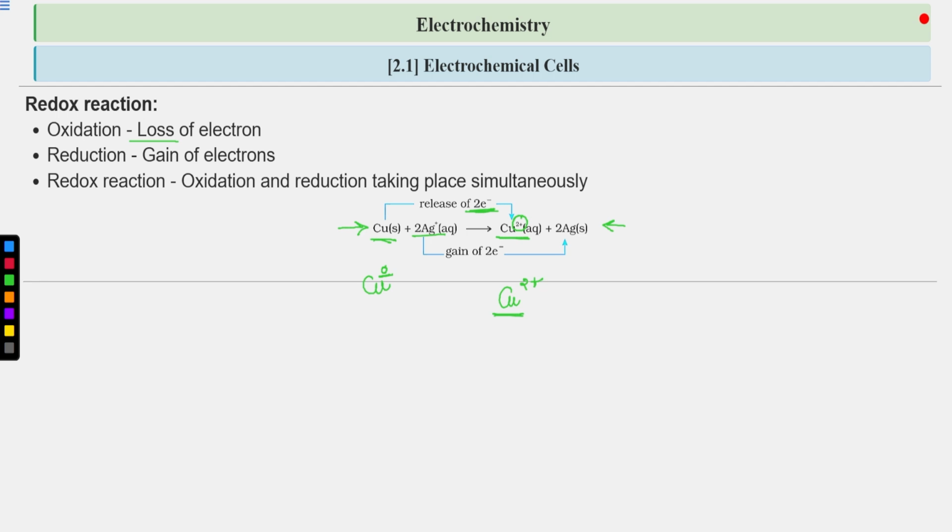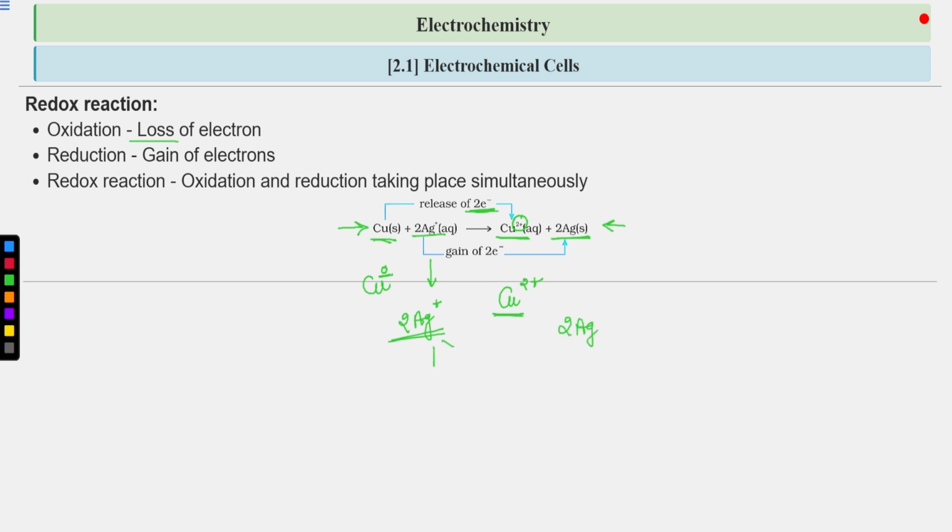Meanwhile, the silver ions are converting from Ag positive to Ag in the 0 state. Okay, so here we have Ag positive, and also remember that 2 is present. That means two ions of Ag positive are present, and they are converting to 2 Ag, right?